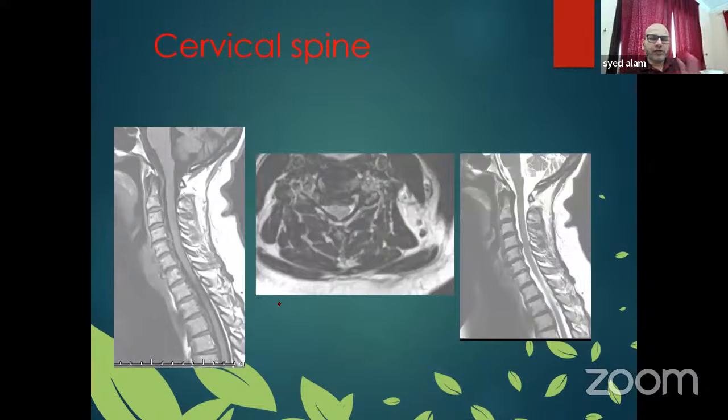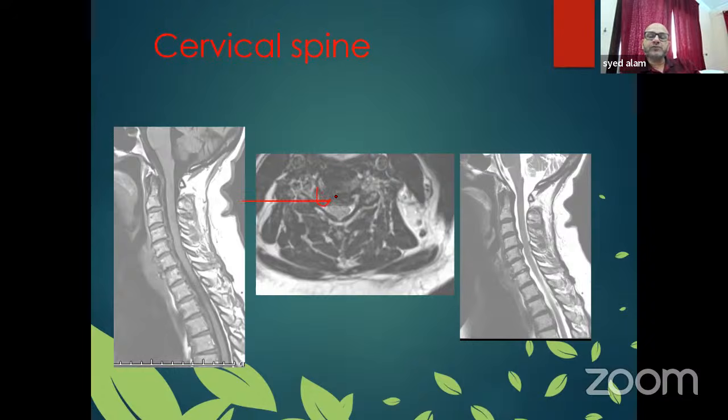Okay, so we have talked about the lumbar spine. Let us talk about the cervical spine, which is slightly different. In the cervical spine, we have a lot of osteophytes, and sometimes we can't separate osteophyte and disc. So most radiologists use the term disc osteophyte complex. Normally the osteophyte is the peripheral part and the disc is the central part.